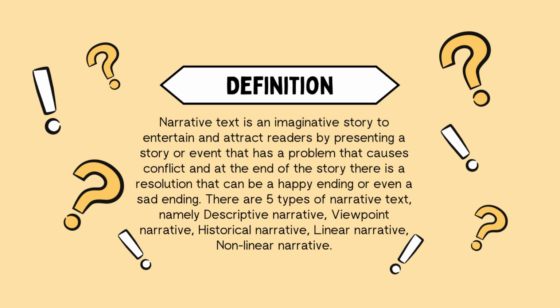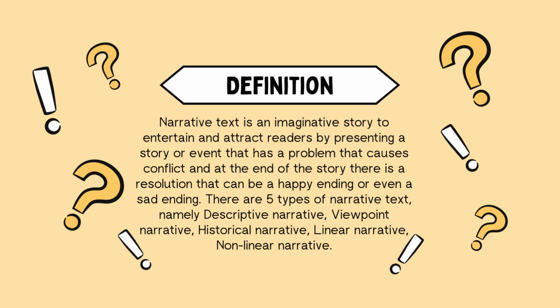and non-linear narrative. Descriptive narrative is a narration that conveys time and place, tone, and mood. After that, viewpoint narrative is narration that filters events through characters' eyes. And then, historical narrative. This is a narration that shows sequence of past events, cause, and effect.